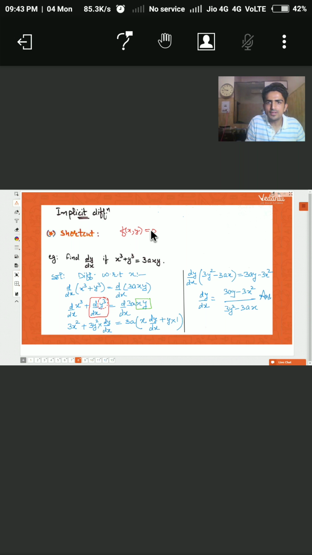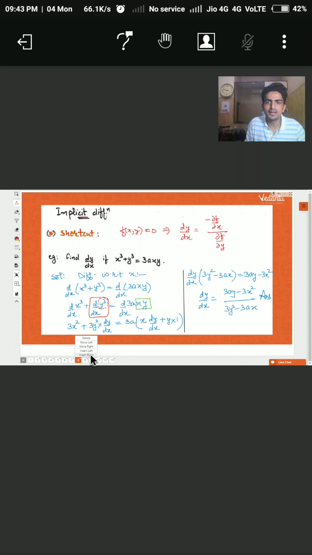If you have such a function, then derivative of y with respect to x is obtained as minus partial derivative with respect to x, divided by partial derivative with respect to y. Now, what is partial derivative? I will just explain it through the example.